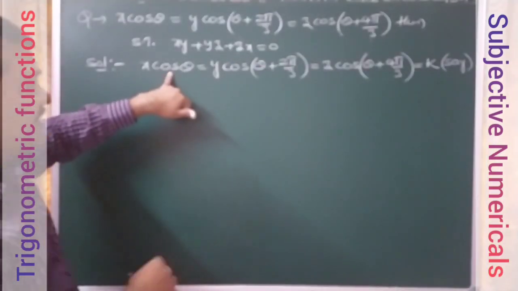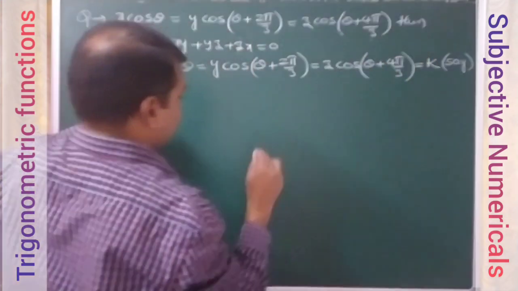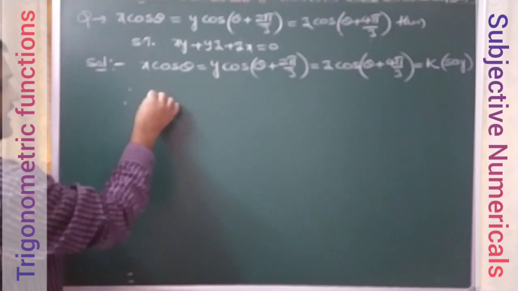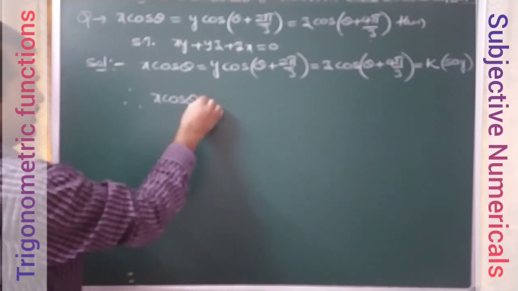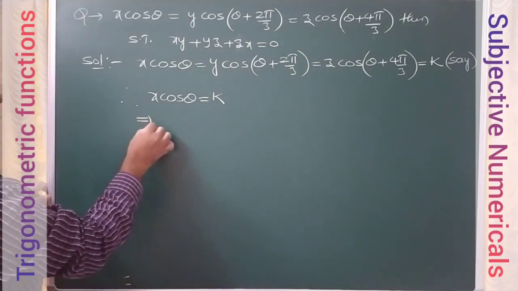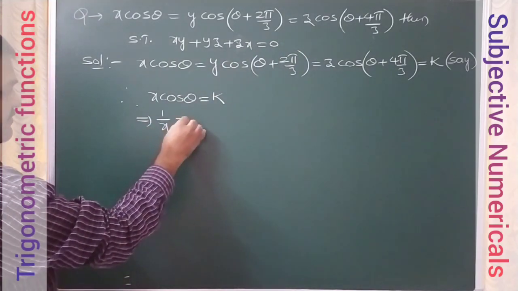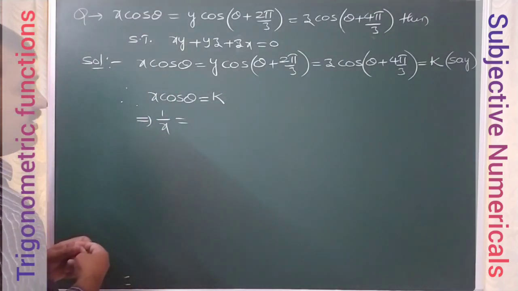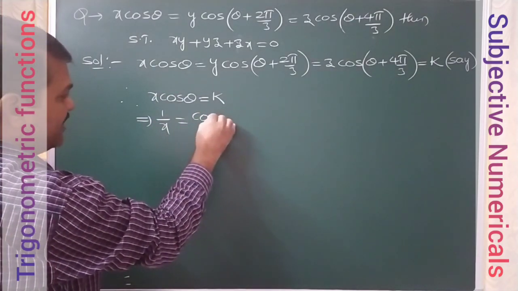Now first term equated to k. Just observe carefully. X cos theta, if you are taking first term equated to k, x will be k by cos theta. What is 1 by x? Cos theta by k.